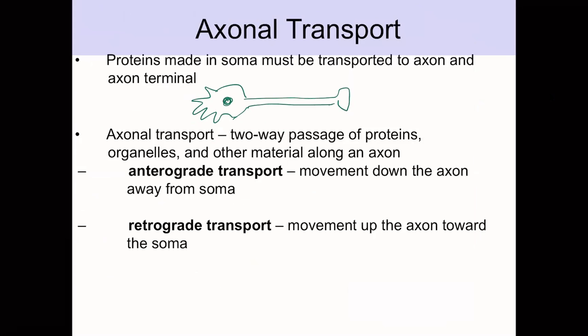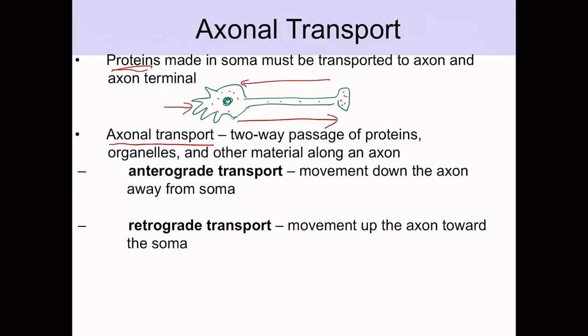Up here is where we're making proteins. So these proteins that are being made up here have to be transported down here and down here. They call that axonal transport. Some things move this way and some things will move this way.